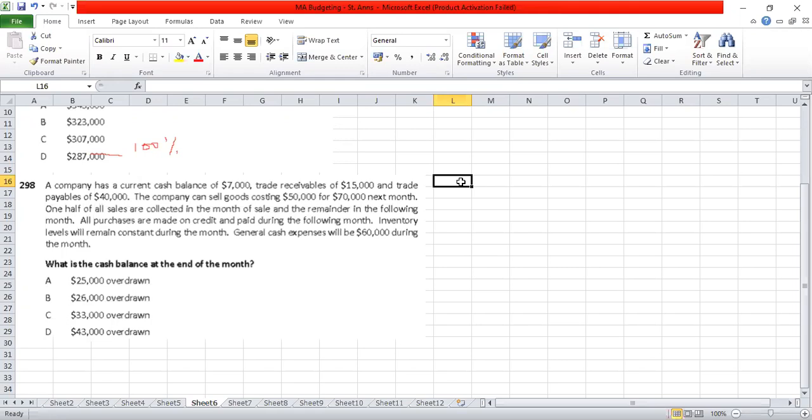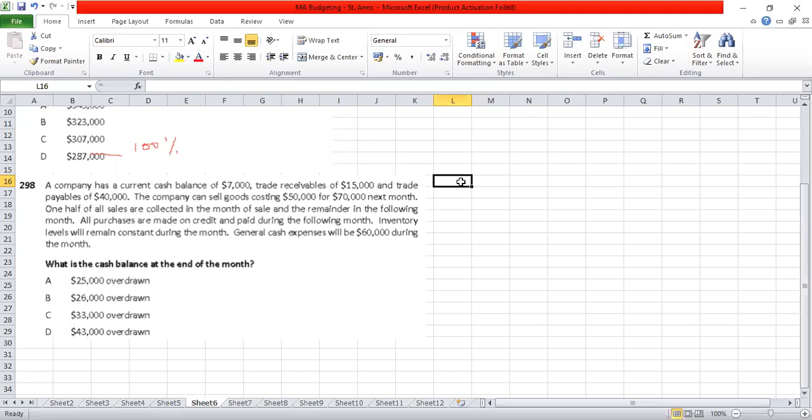298: a company has a current cash balance of 7,000, trade receivables of 15,000, and trade payables of 40,000. The company can sell goods costing 50,000 and 70,000 next month. One half of all sales are collected in the month of sales and the remainder in the following month. All purchases are made on credit and paid during the following month. Inventory levels remain constant during the month.